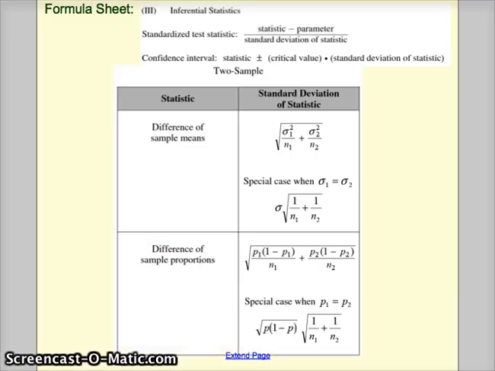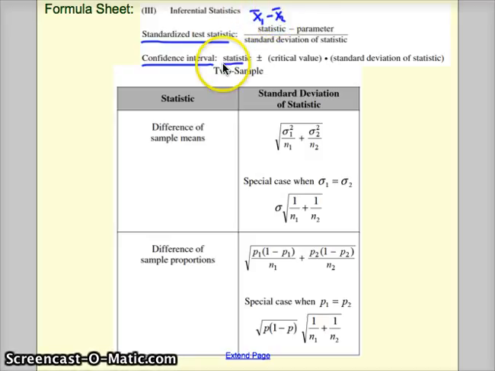Lastly here, just point out again, here's your formula sheet, part of it, actually the end of it, depending on how it's printed. And again, we have this generic test statistic calculation and this generic confidence interval calculation. And if we're dealing with a difference of means, we need to understand that our statistic is a difference of sample means.